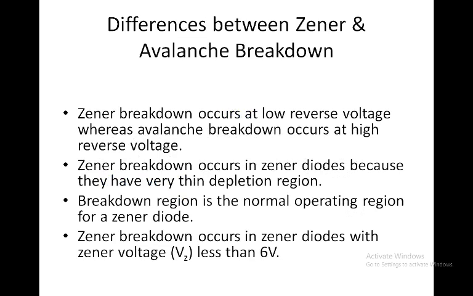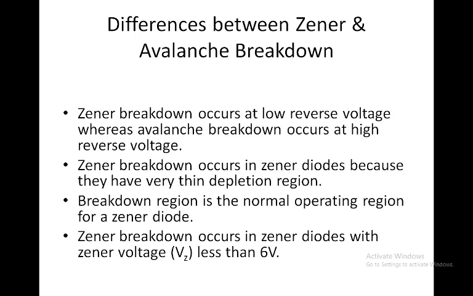Now let's look at the difference between Zener and avalanche breakdown. Zener breakdown occurs at low reverse voltage, whereas avalanche breakdown occurs at high reverse voltage, often greater than 6 volts. Zener breakdown occurs in Zener diodes because they have a very thin depletion region.